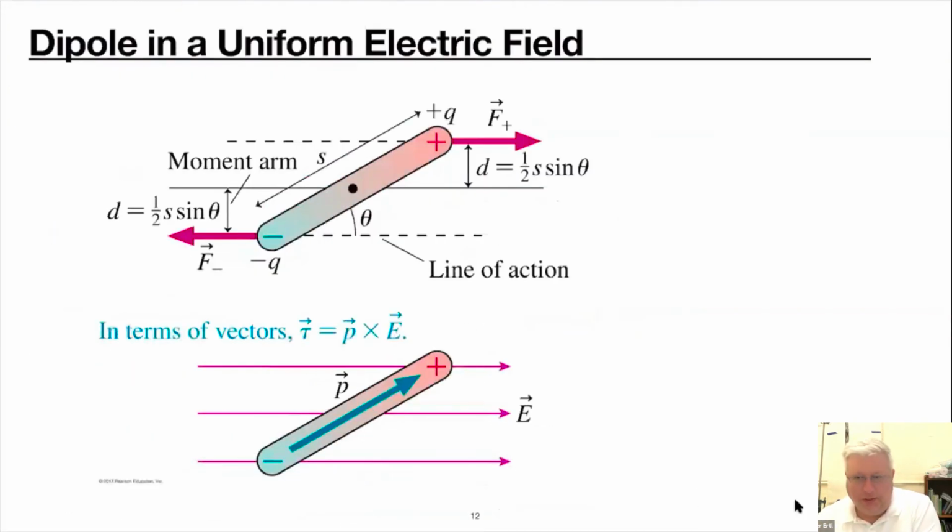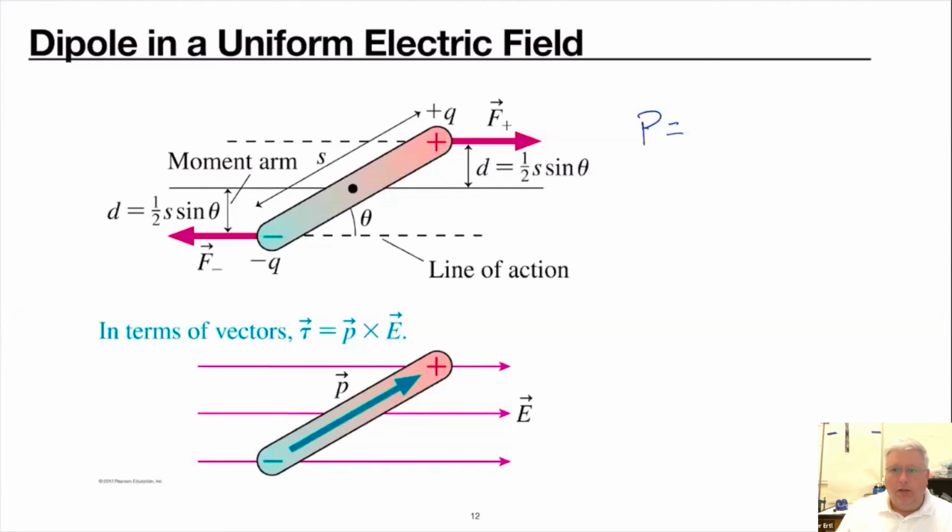One attribute of an electric dipole is that it has what we call a dipole moment. Remember with torque, we had that moment arm or lever arm. The dipole moment describes the dipole's charges and the separation of the charges. We're not going to do any calculations with this, but it will help us understand conceptually what's going to happen.